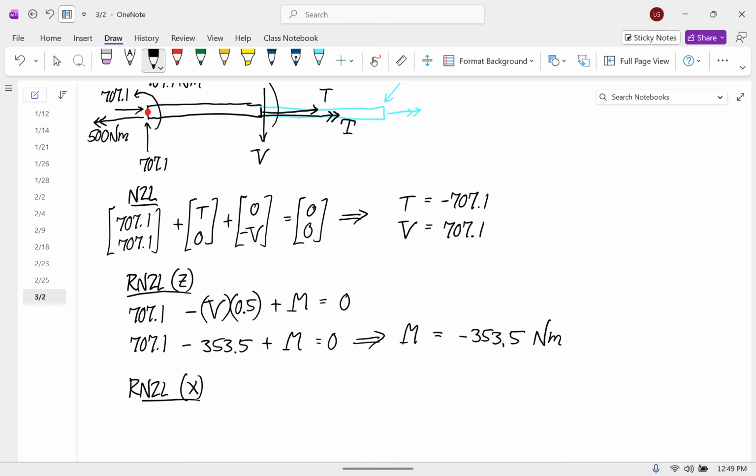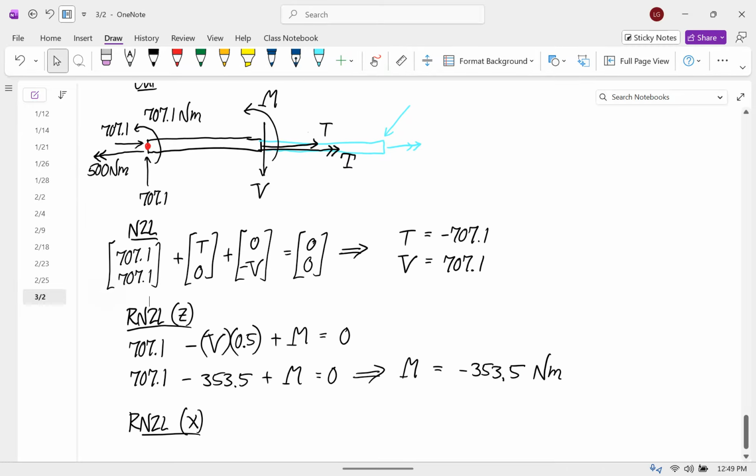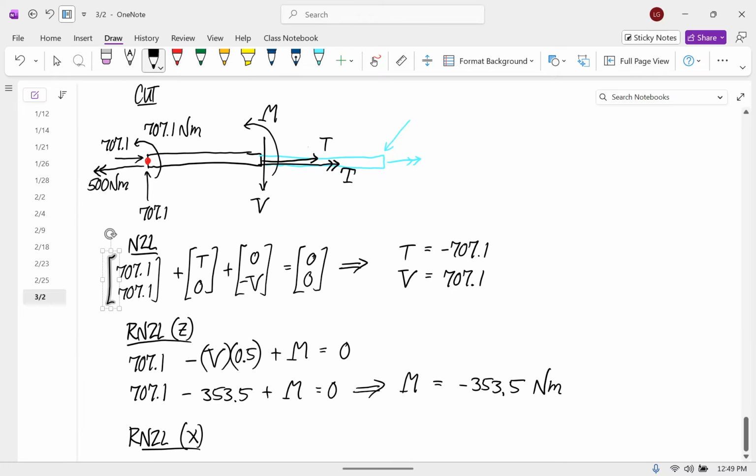But what is the 707.1 minus the? That's all the things that produce moments about the z-axis. So there's a couple of 707.1 positive, and that's this. Then there is the minus Vx, but we know that x is 0.5.